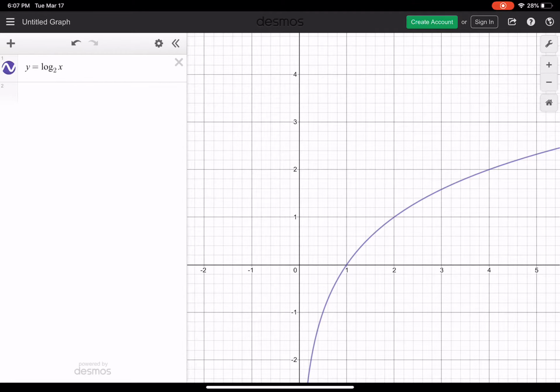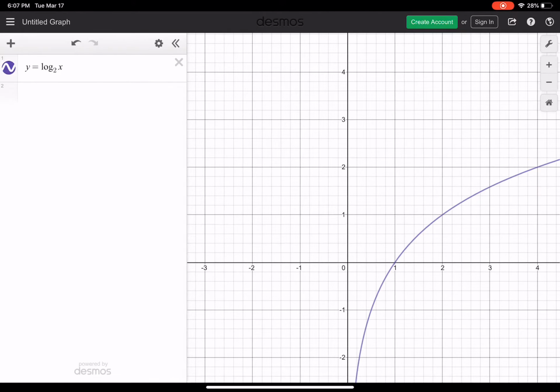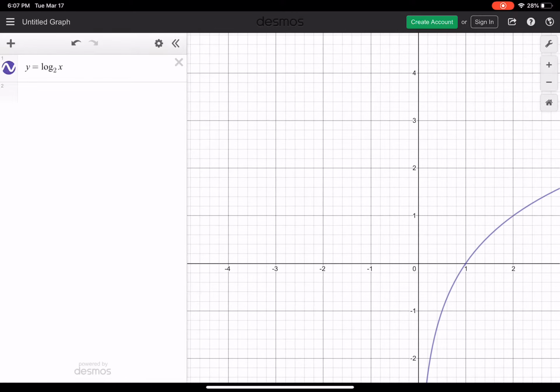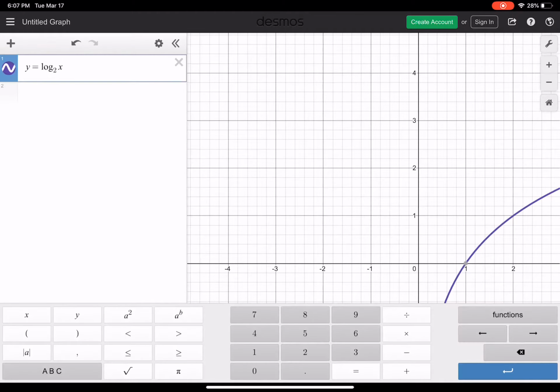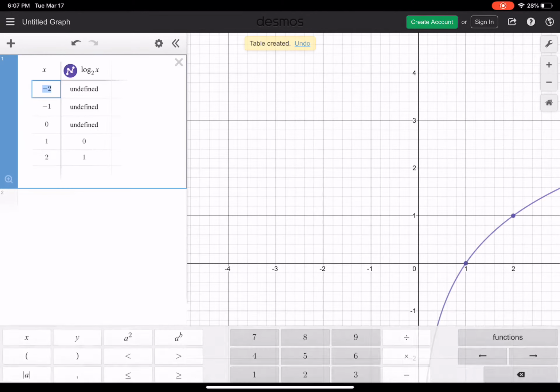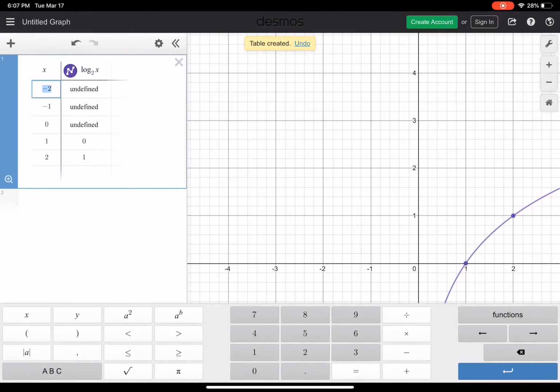Option 3 is not correct because if I look at the x values of the function, they never go negative. I could also pull up the table for that function, and we would see that anything below 0, including 0, is undefined.